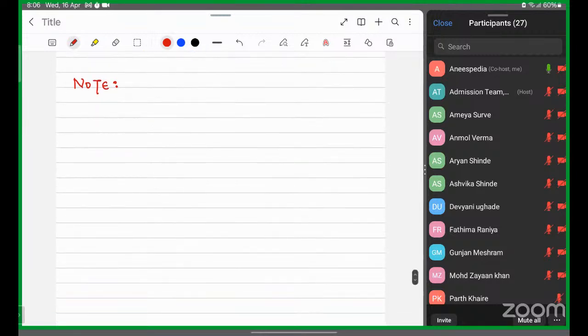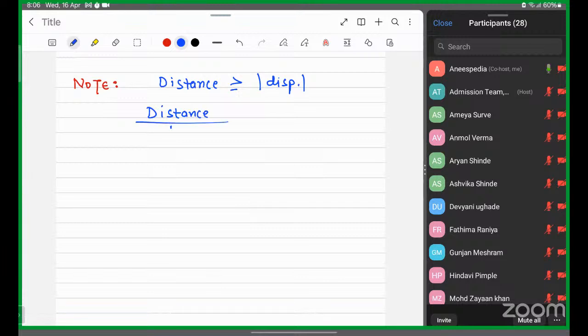Next point is about speed and velocity. Since we know that distance is always greater than or equal to displacement, and if you divide it by the time factor, distance divided by time is always positive, so it will not change the inequality.